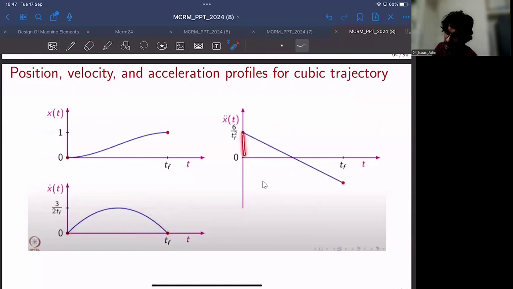There aren't any infinite accelerations at the beginning and end, but there is a finite sudden jump to the quantity 6 by tf square at initial and final time. The sudden jump can be brought down if you increase the time duration, so that the magnitude of the jump would be very less.